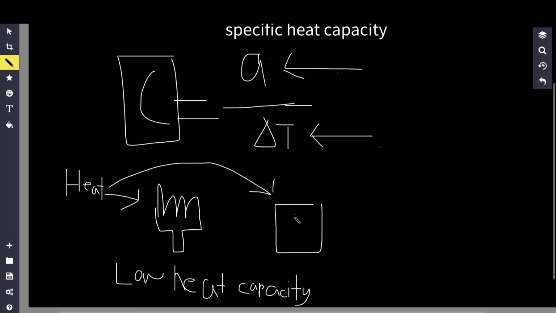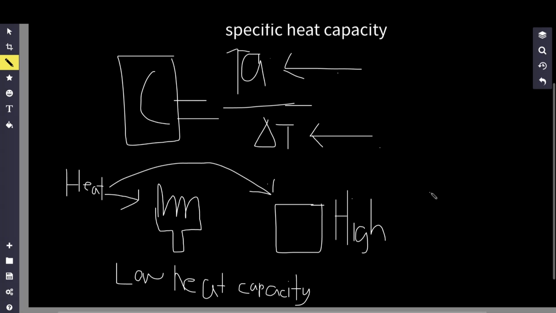Now, what about this piece of glass? Well, glass doesn't really absorb that much heat, so you're going to need more heat supplied to raise its temperature. If the amount of heat that you supply increases, this is going to have a high heat capacity.